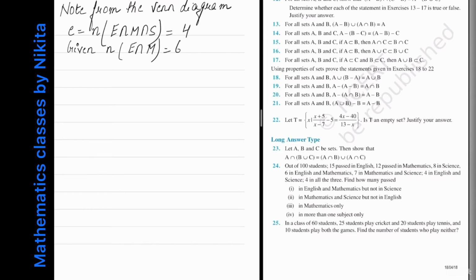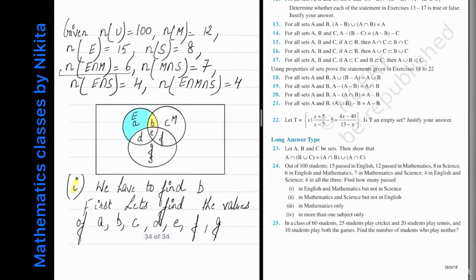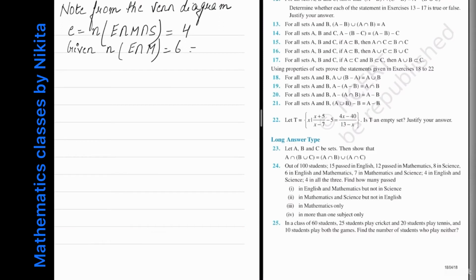So the number of students who have passed English and maths. तो English and maths के अंदर क्या क्या आ रहा है? B plus E. So this is equal to B plus E. So this implies that B is equal to 6 minus E, and E we already know, this is equal to 6 minus 4, which is equal to 2.